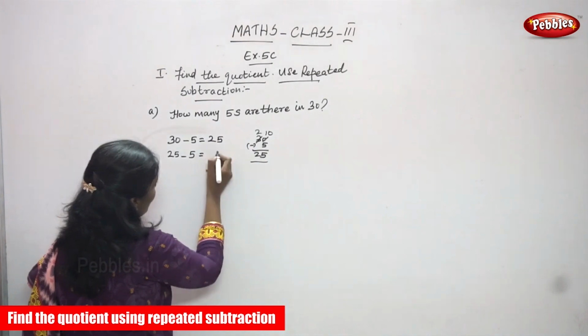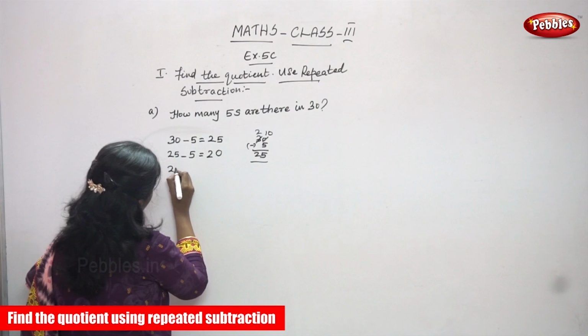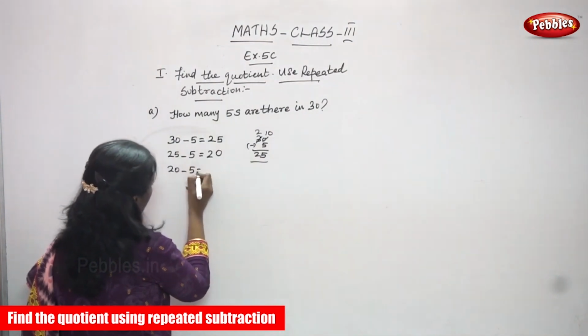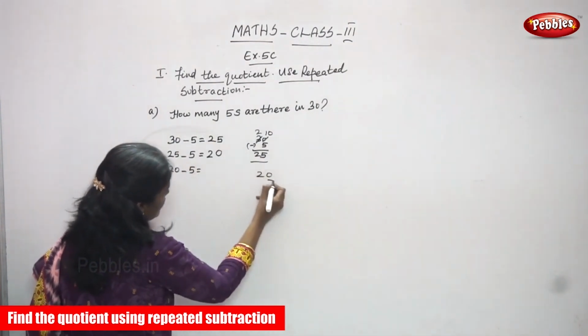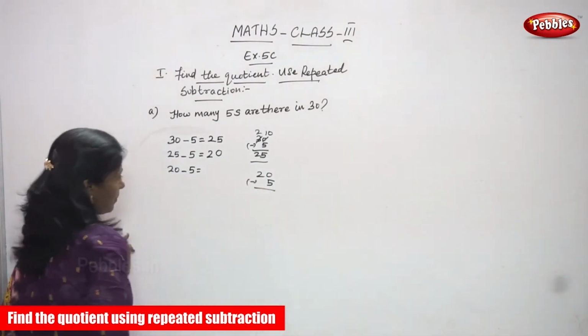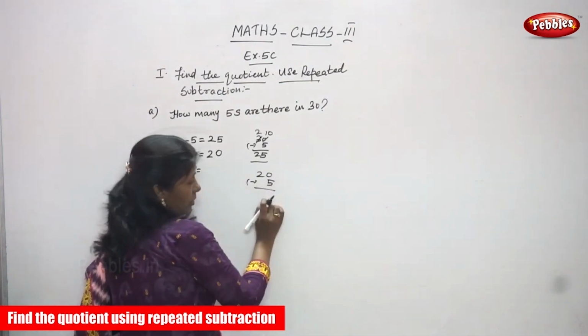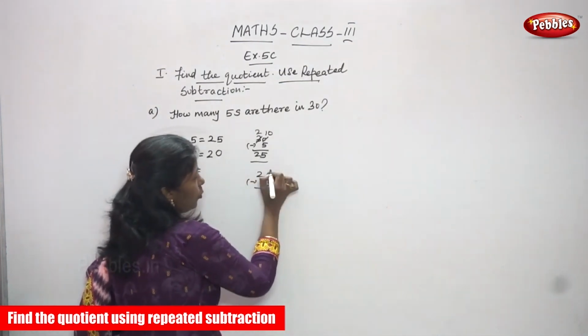So now 25 minus 5, you know that, you get 20. Again 20 minus 5. Again 0 is not enough to subtract, so you have to borrow from the 2.